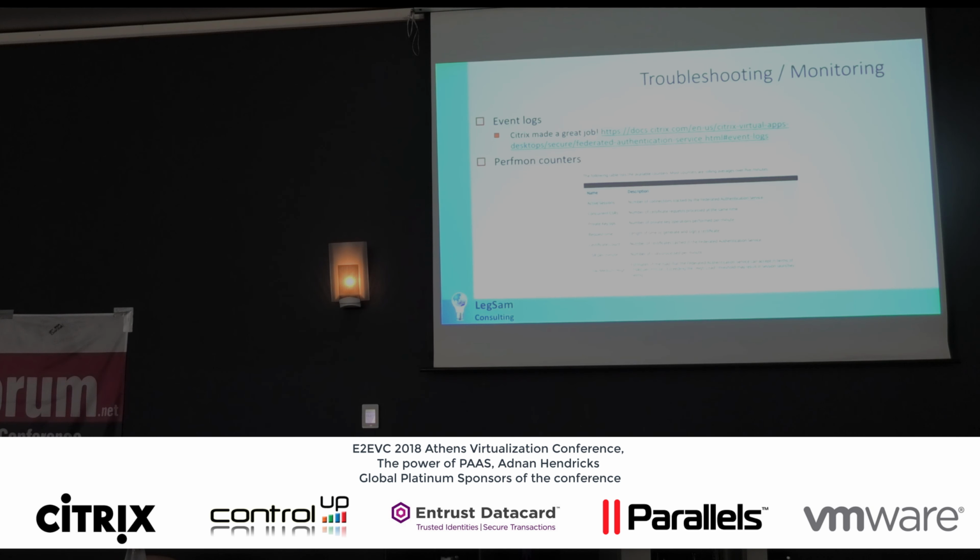So for now, I didn't find any monitoring solution that is looking at these specific counters. So I asked my friend at ControlUp, and it will be included in the next versions to be sure that we can handle the FAS with this product.